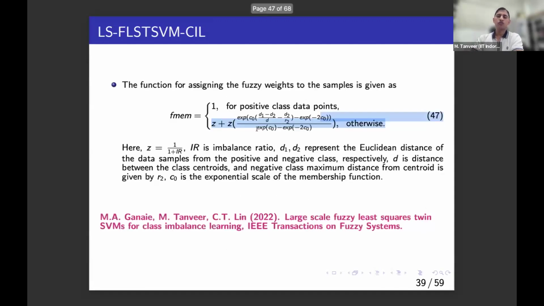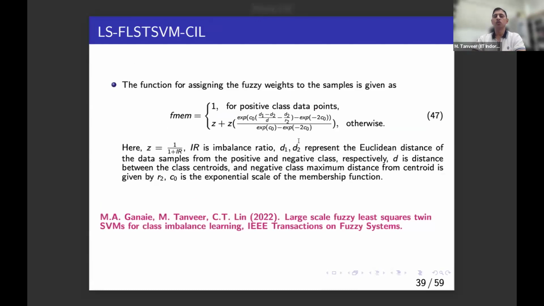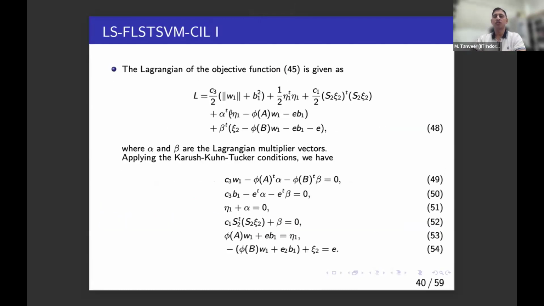Now we have this formulation and we want to solve it. First we construct the Lagrangian function, and we are keeping this as a constraint. As I mentioned in the previous algorithm, it helps us work for larger scale data, so we are adding it as a constraint.